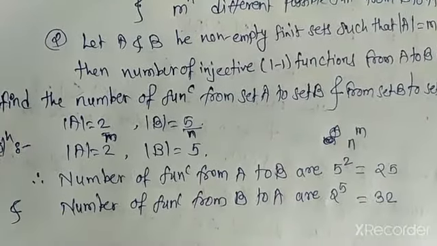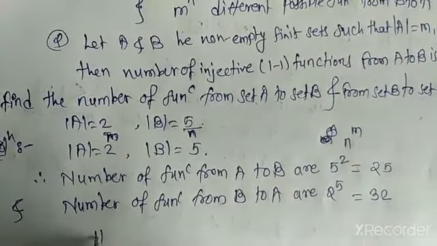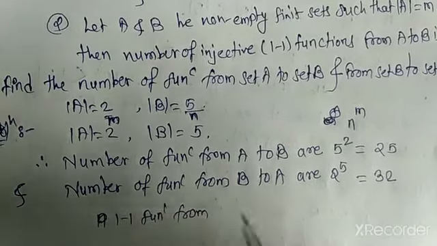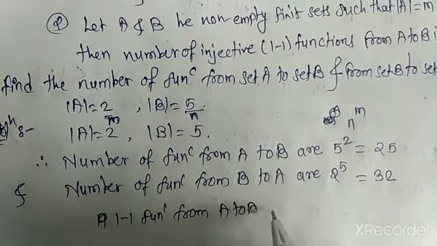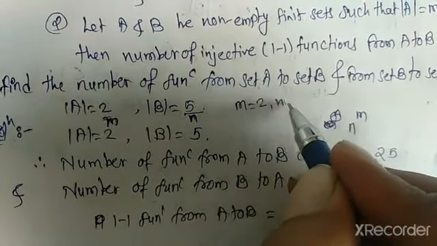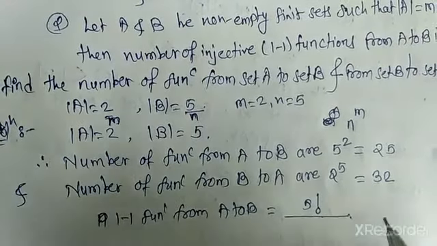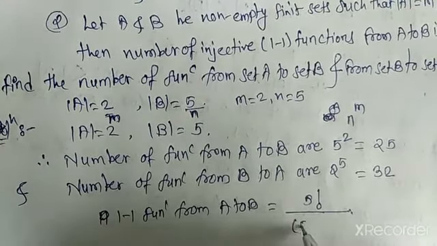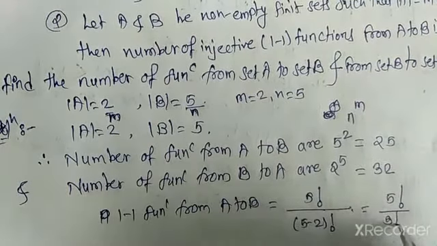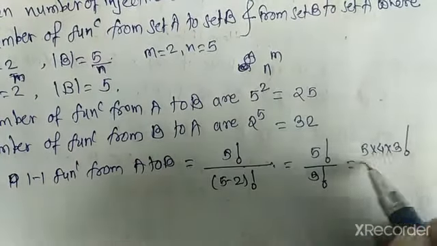And as also asked, find one-one functions from A to B. The number of one-one functions from A to B, where m is equal to 2 and n is equal to 5, will be 5 factorial upon 5 minus 2 factorial, which is equal to 5 factorial upon 3 factorial, or you may write 5 into 4 into 3 factorial divided by 3 factorial.